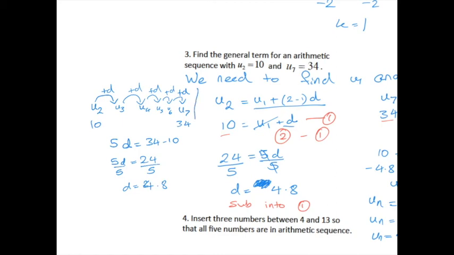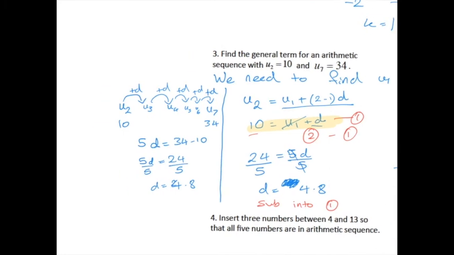So this is another way. And then, what's another way you could find U1 that's not doing this idea? From U2, exactly. But wait a minute, I've got U2 is 10, so U1 is 4.8 less than that, backwards.